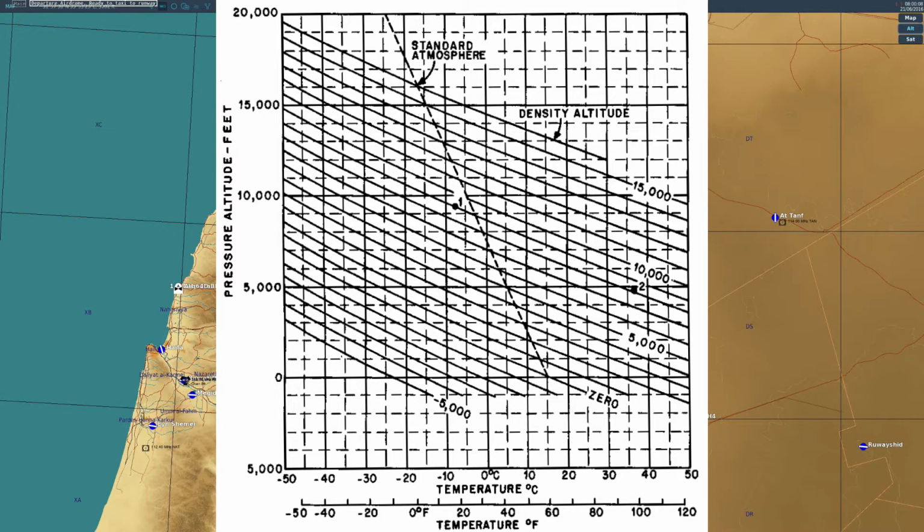Now, the numbers along the right side of the chart are denoting the density altitude, as in how the aircraft feels it is flying. And what you have to line those lines up with is the horizontal lines on the chart starting on the left, which is your pressure altitude, which is where you are at.